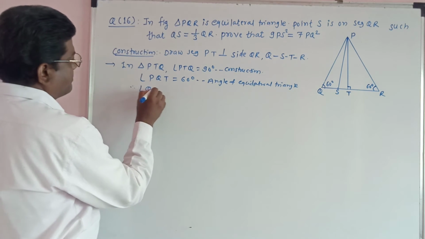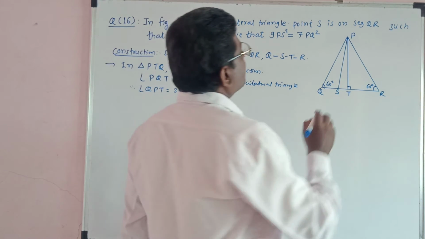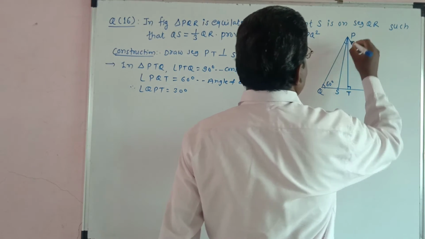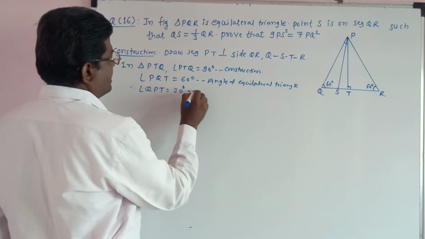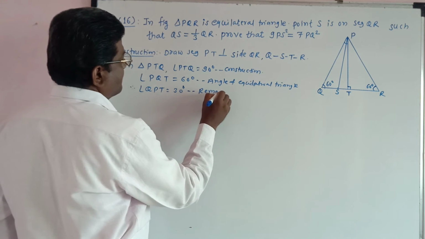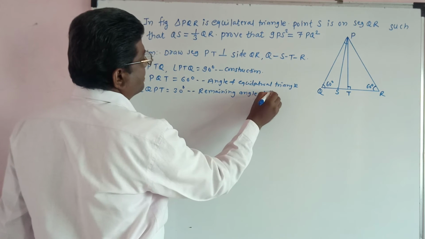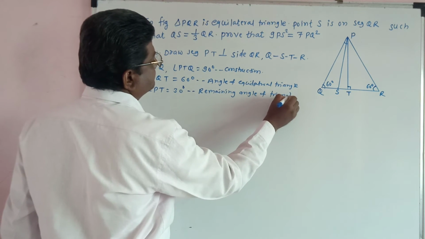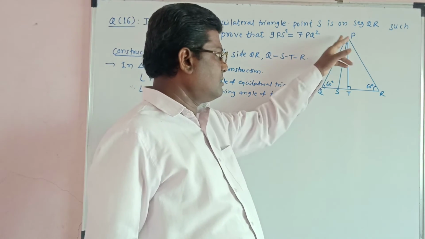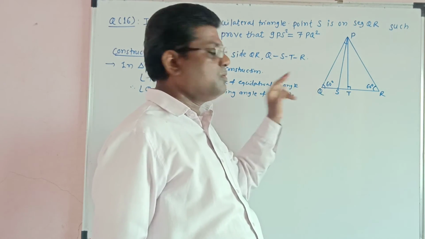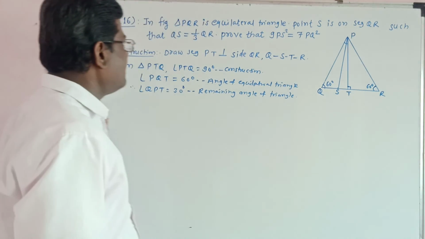Therefore angle QPT is equal to 30 degree, the remaining angle of the triangle. So triangle PTQ is a 30-60-90 triangle.